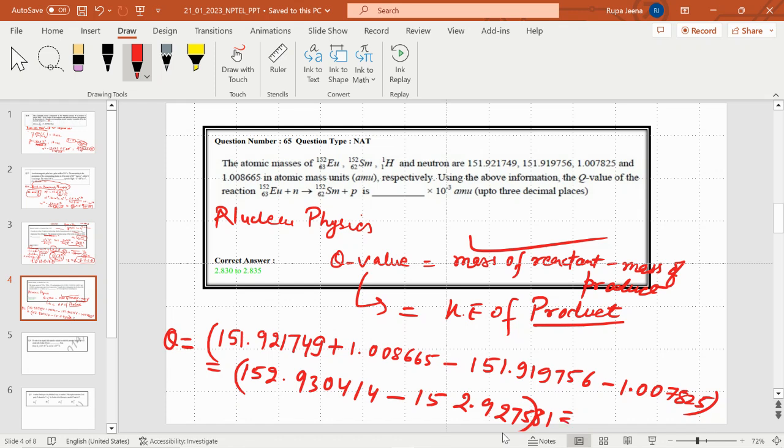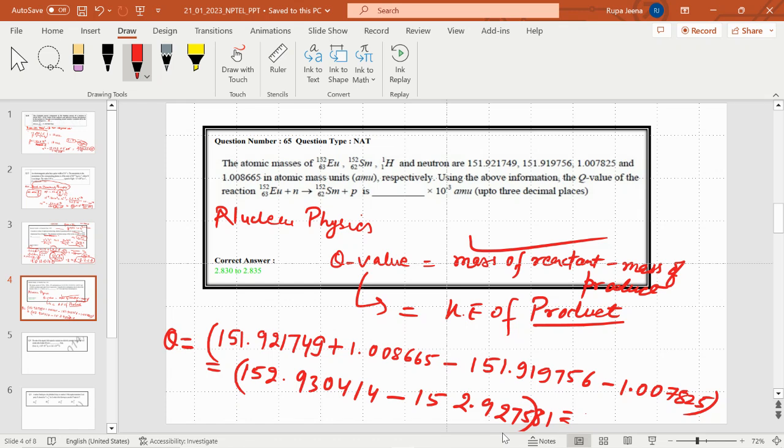So it will be, yeah, I think your answer is correct because it is 10 raised to the power minus 3, na, minus 152.927581.